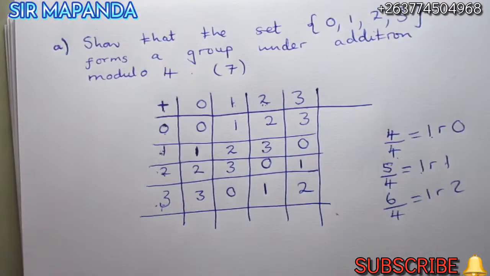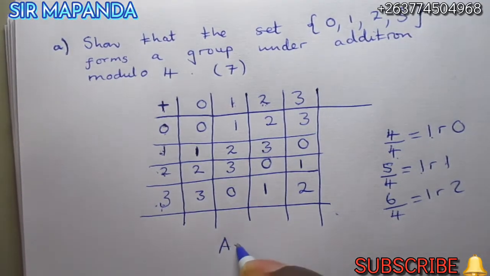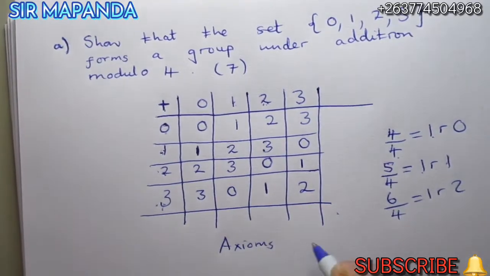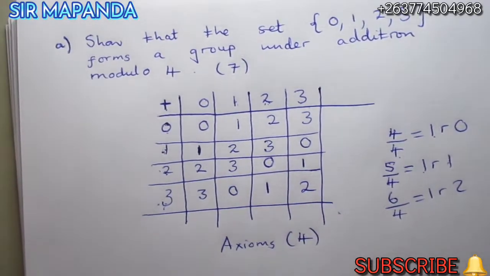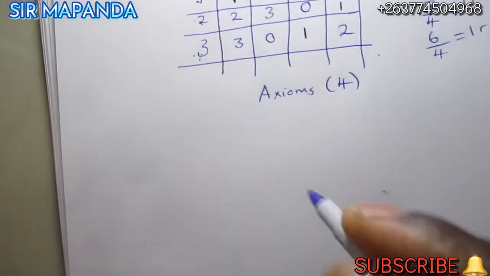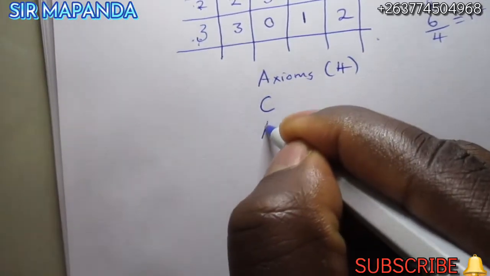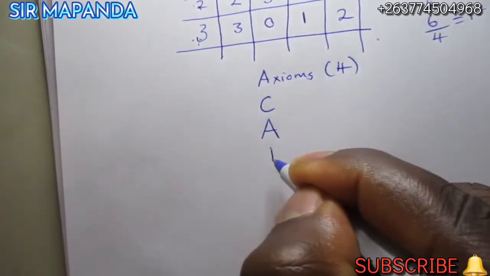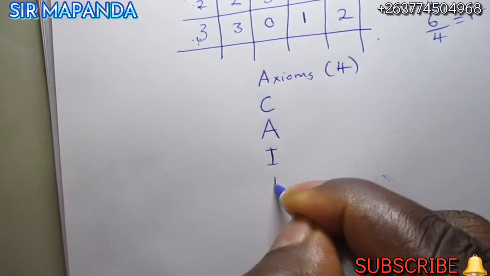Right. So how do you then prove that the set forms a group under addition modulo 4? We have what we call axioms. Right? So we have 4 main axioms that are used to prove a group. Right. Let me use the troubleshooter CAII.